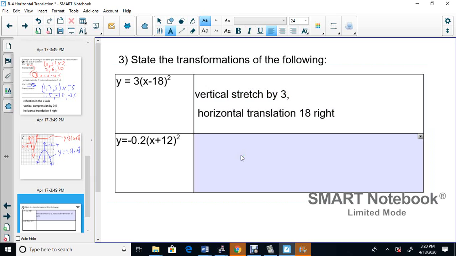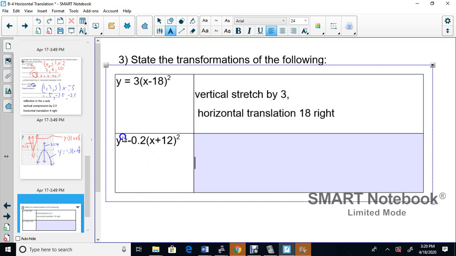Okay, next one here. Well, the negative tells me there's a reflection. So that negative in the front tells me it's a reflection in the x-axis. Okay, next. The 0.2, it's a decimal. So that tells me it's a vertical compression by 0.2.